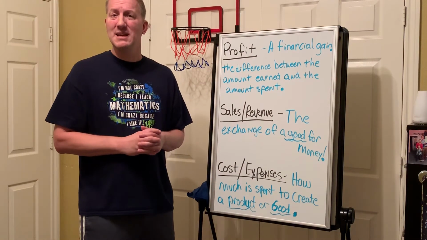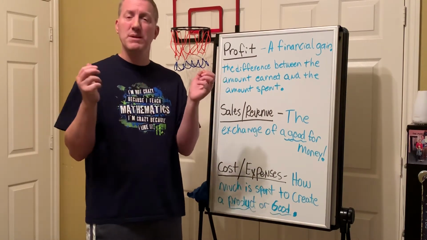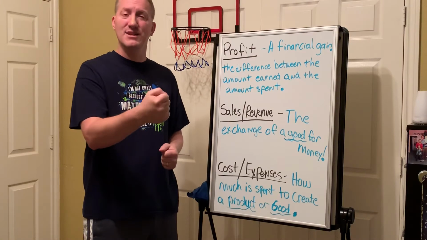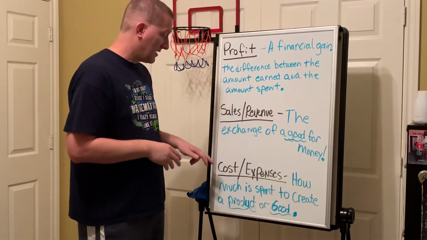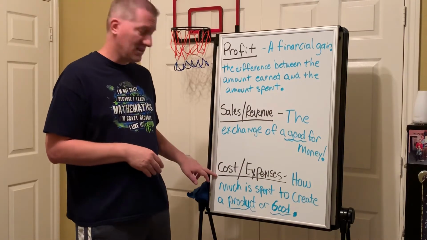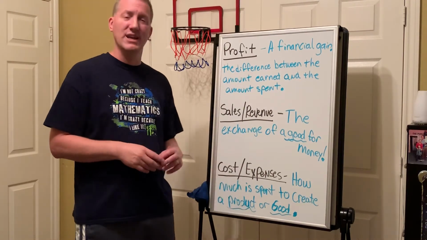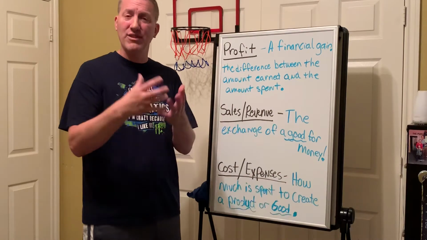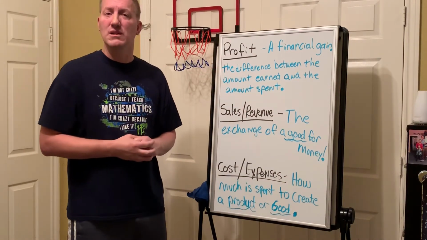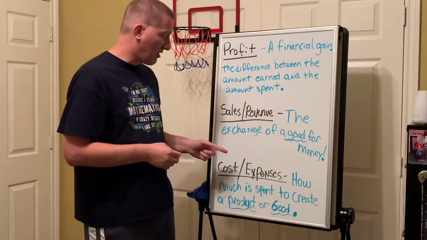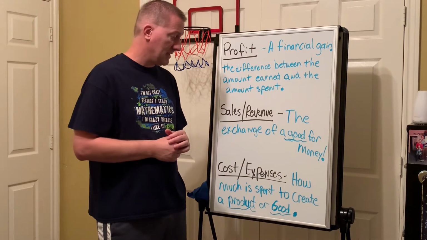They want people to come in for the cheap milk, and then they want them to buy everything else. So the cost of a product or good is all the expenditures to get that product ready to be sold. That's the cost or expenditures.